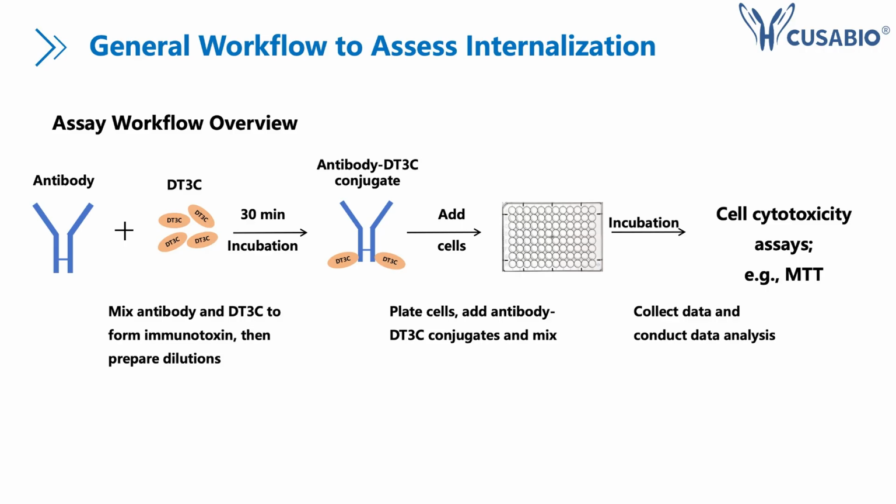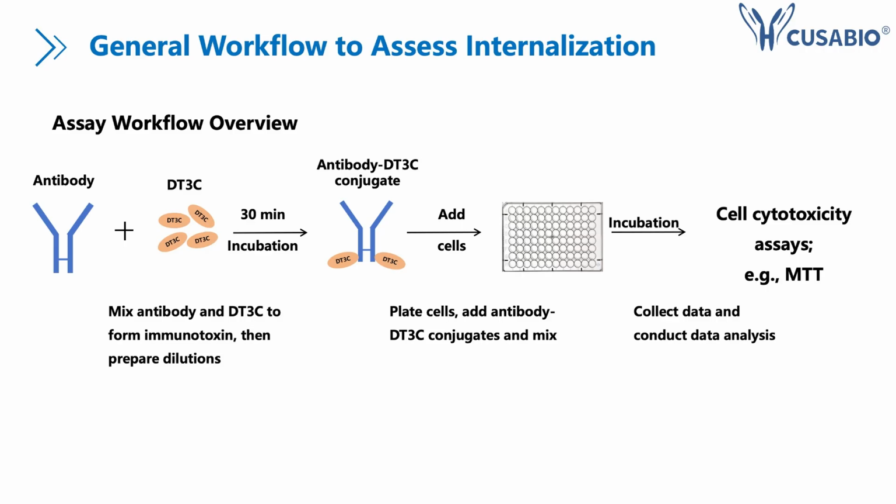Overall, for the assay, you first mix the antibody and the DT3C to form the immunotoxin. This process is pretty quick. You just mix the antibody with the DT3C and perform a 30-minute incubation at room temperature or 37 degrees. Then they will form the immunoconjugate.